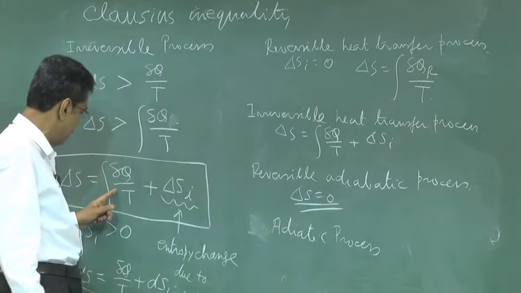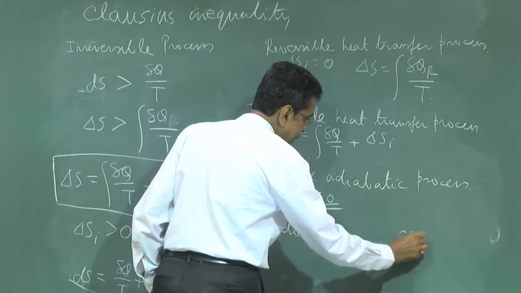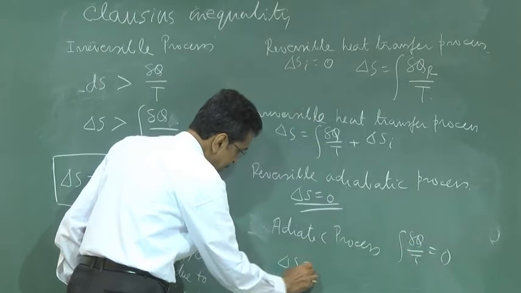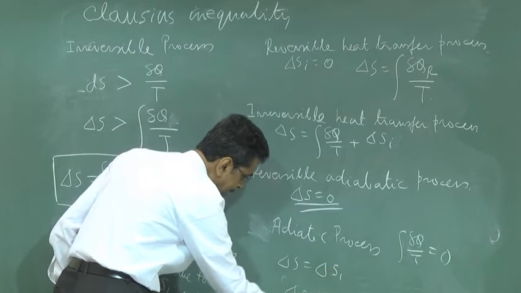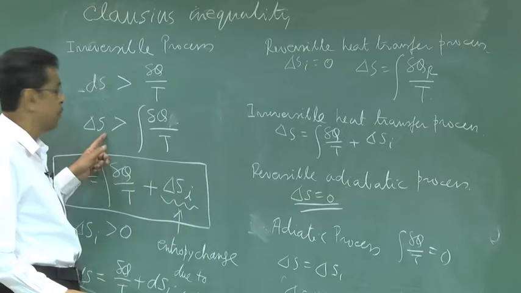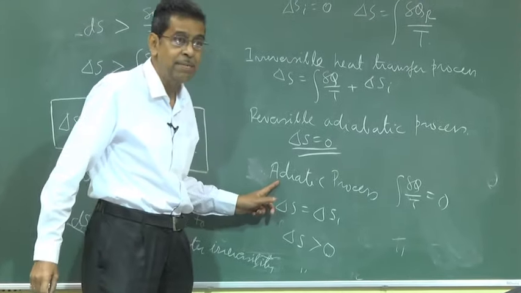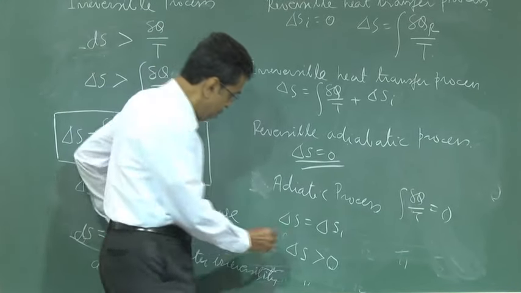In that case, what will happen? Delta q by t is 0, so delta s is equal to delta si. And since delta si is always greater than 0, delta s is greater than 0. Delta si has to be greater than 0 because of the Clausius inequality. Therefore, in an adiabatic process which is irreversible but without heat transfer to the surroundings, the change of entropy is always greater than 0.